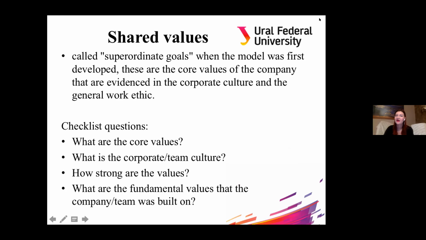What do you think? Which core values can we have in some company? Maybe do you have examples, maybe from your experience or from some cinema, from movies, from books?